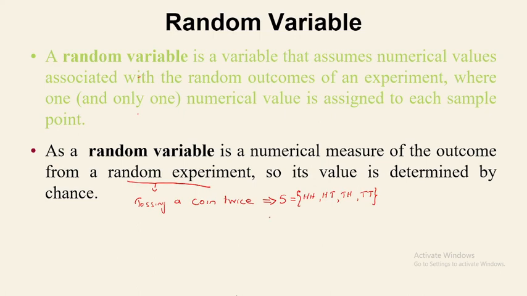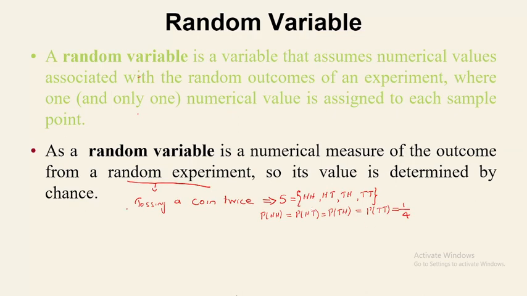Also we know the probability of each, getting two heads, head and tail, tail and head, or two tails, are equally likely, so 1/4 for each outcome. Based on the classical approach, we have 1/4.